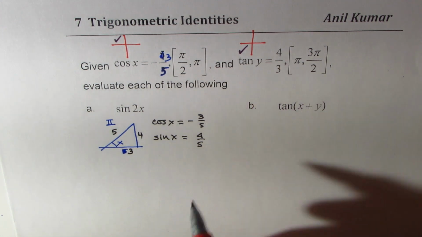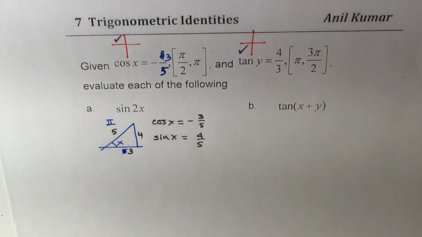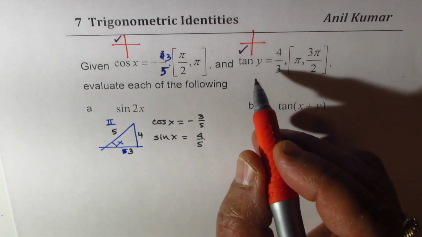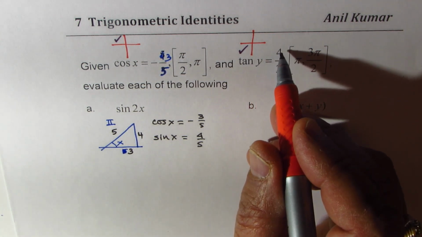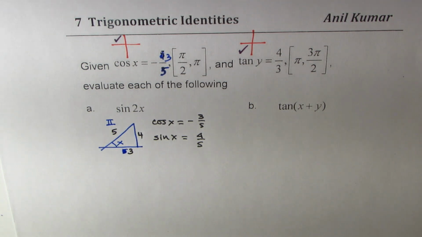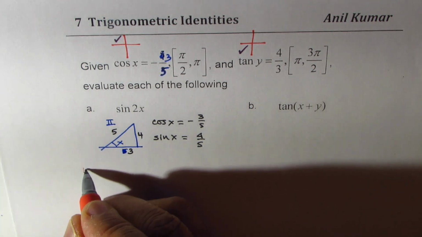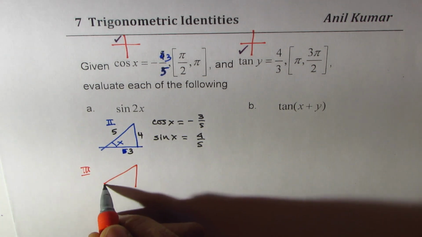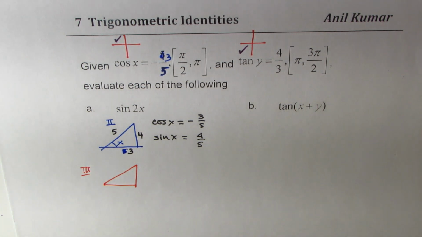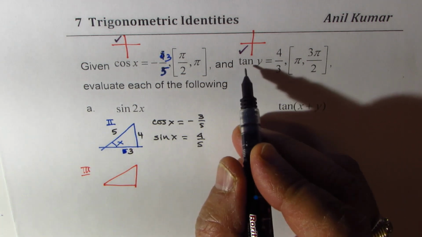Let's also see y, the second one. We are in quadrant 3 now. For tan y, 4 over 3 is the value. So quadrant 3. And the other triangle is with the values of 4 over 3 for tan y.